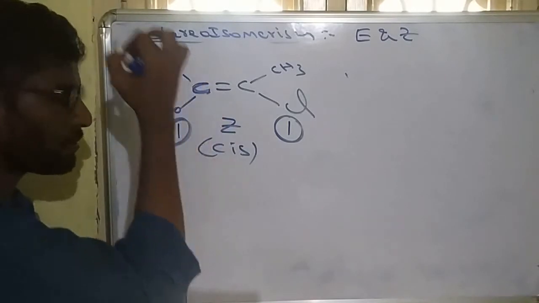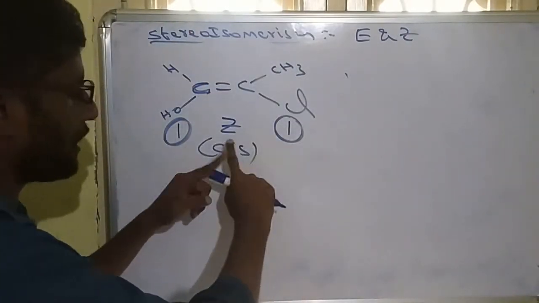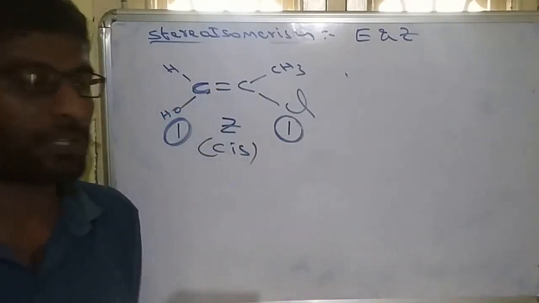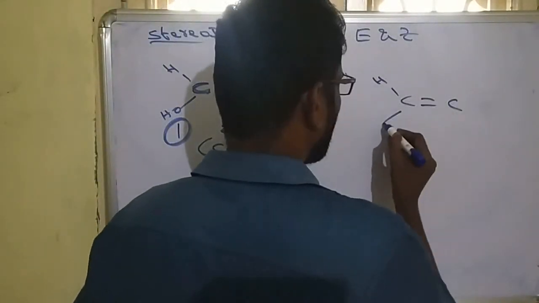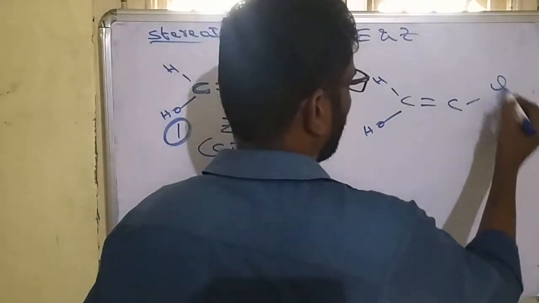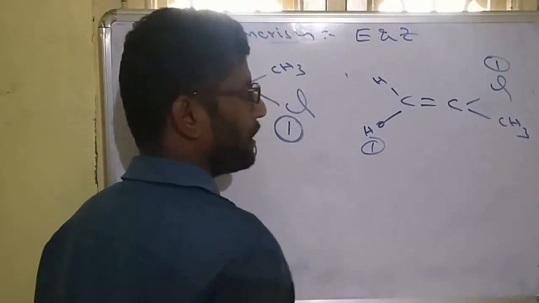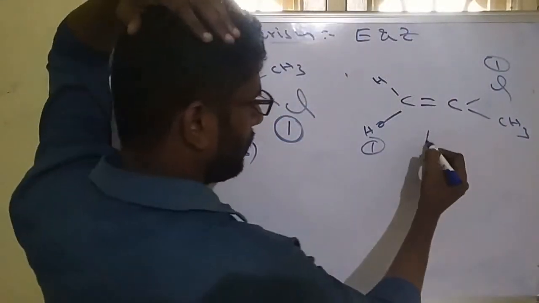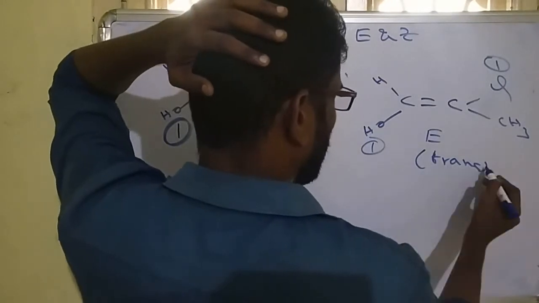On these two, oxygen is higher, on these two, chlorine is higher. If both higher priority groups are present on the same side, that should be Z. If the priority substituents are present on opposite sides, so this is the higher priority and this is the higher priority, present on opposite sides, that isomer is called E. E means trans isomer.